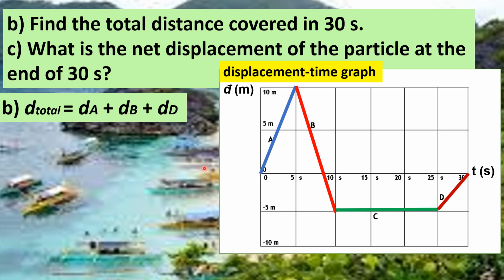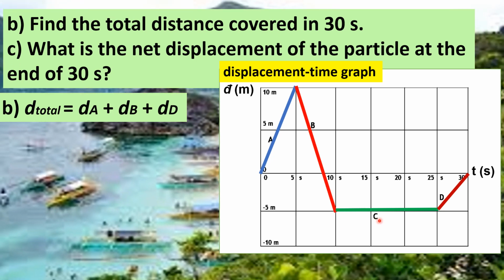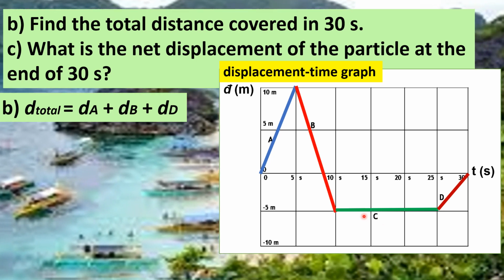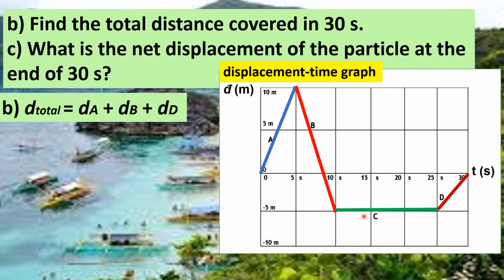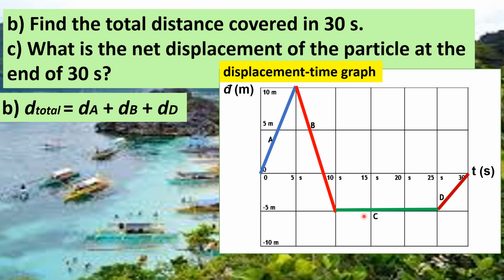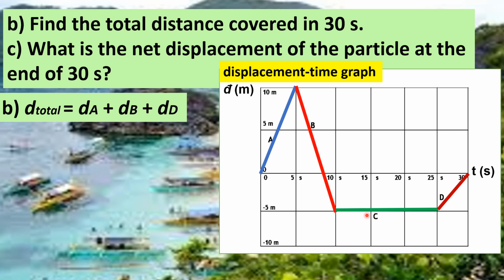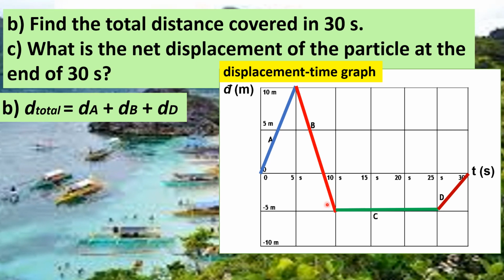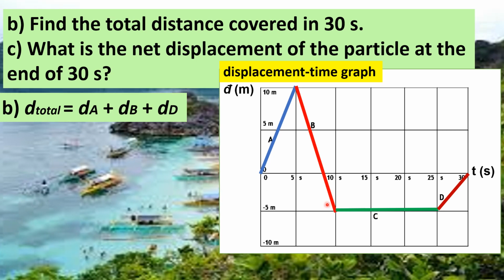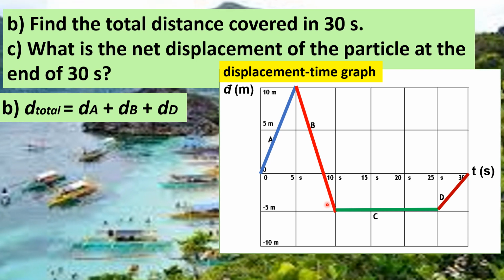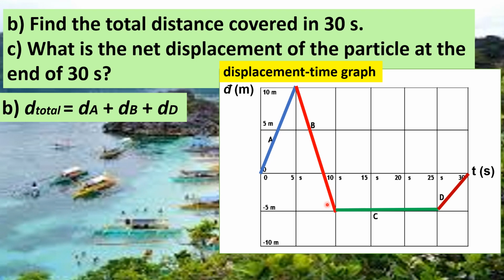And since segment C represents what we call a body that is stationary, in short, during this time interval represented by segment C, the particle is motionless, so it has not covered or traveled any distance.